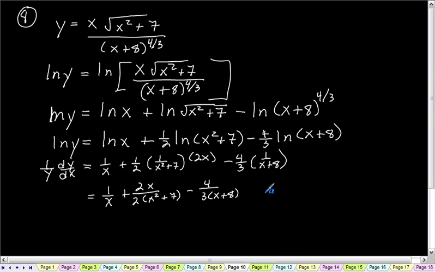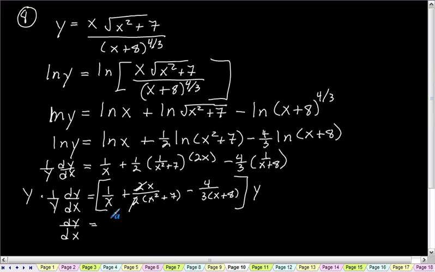And this is over y, dy/dx. Let's see, the 2 cancel out here. Nothing else cancels out here. To solve for dy/dx, we multiply both sides by y, to get rid of that side.